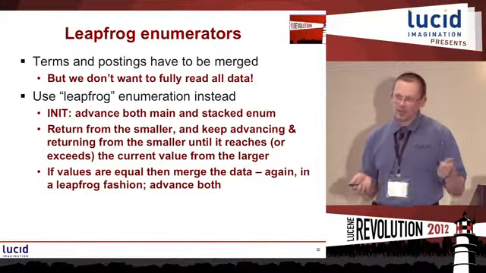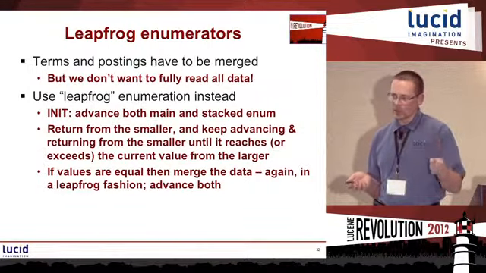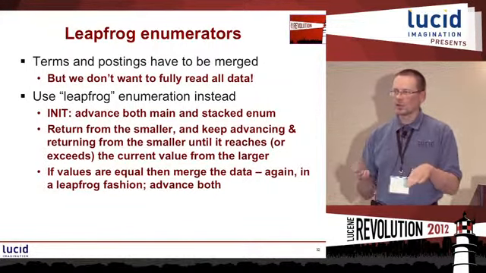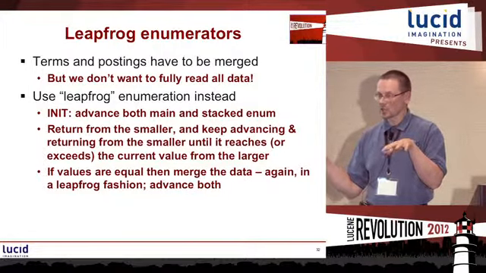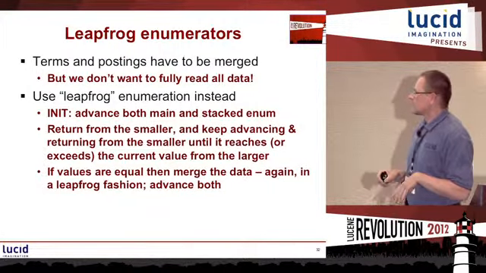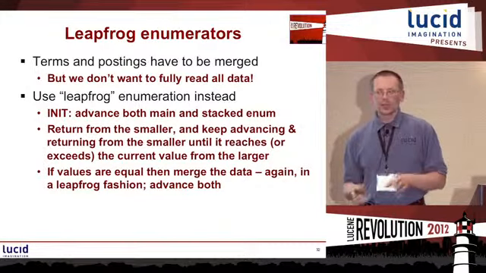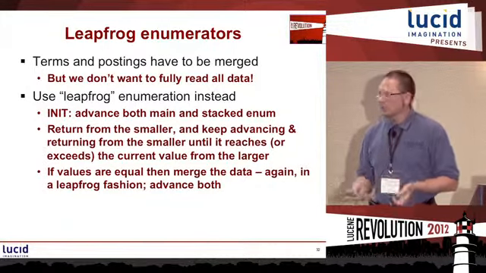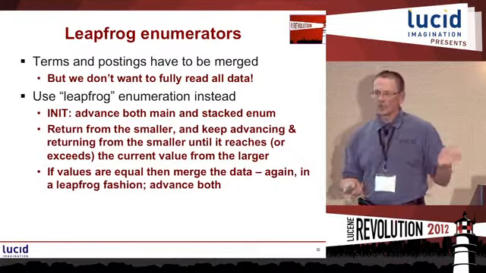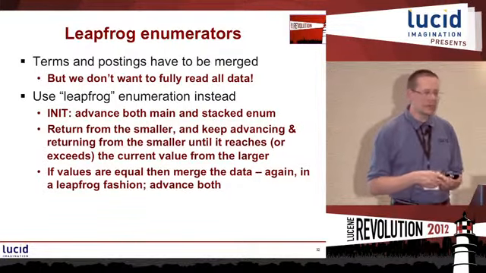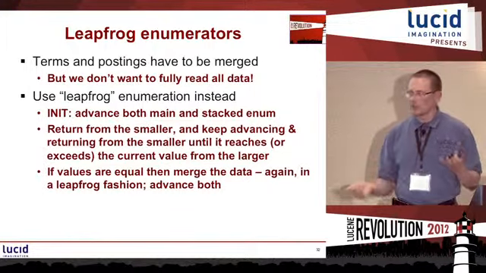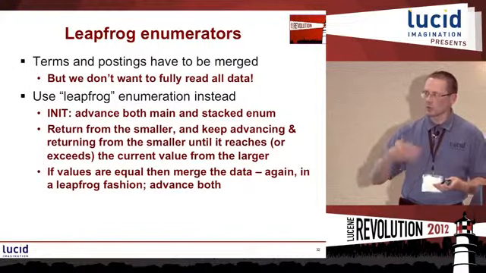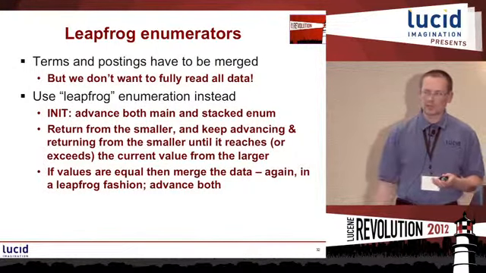And we keep returning from the smaller enumerator, advancing as it goes, until it reaches or exceeds the other enumerator that was larger so far. So if values are equal, then we know that we have to merge, again in this leapfrog fashion. And then we advance both if they were equal, and then we see which one is smaller. And then, again, we keep returning from the smaller until it reaches the larger one.